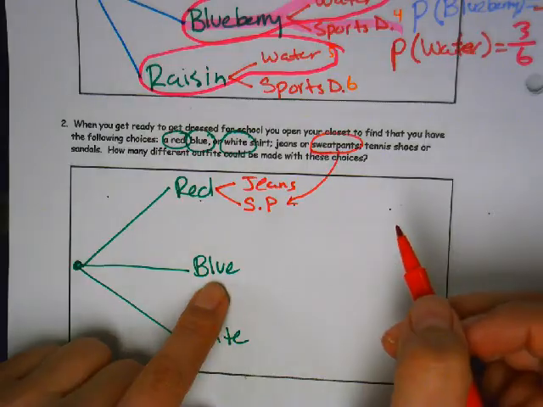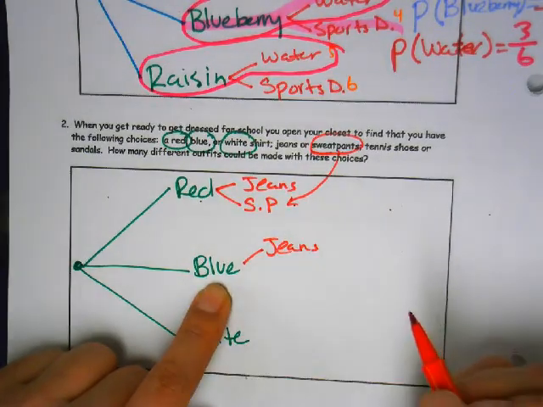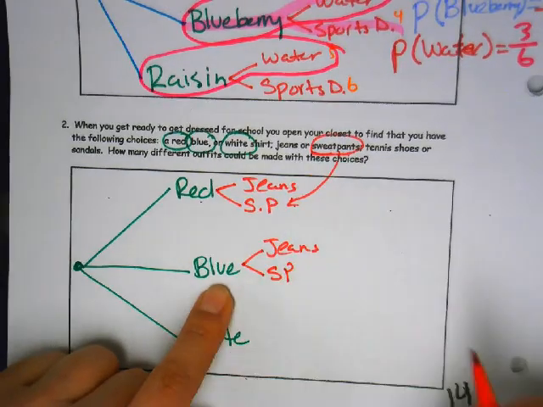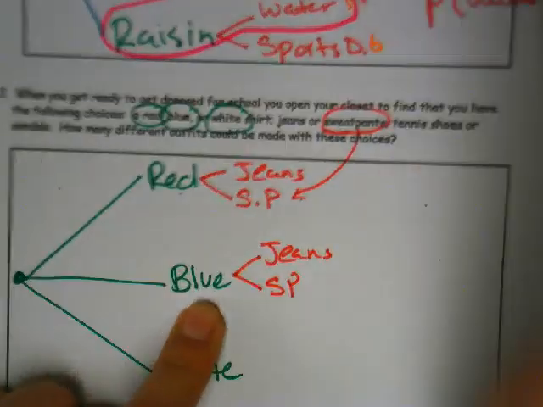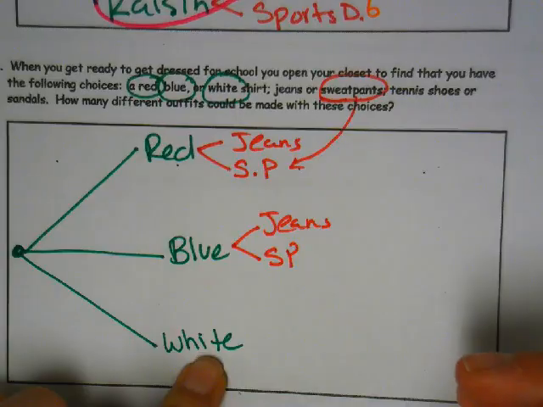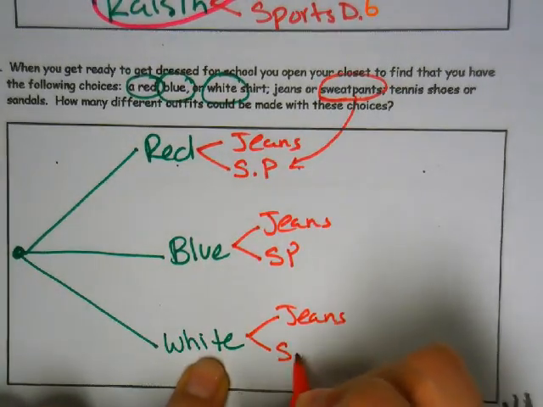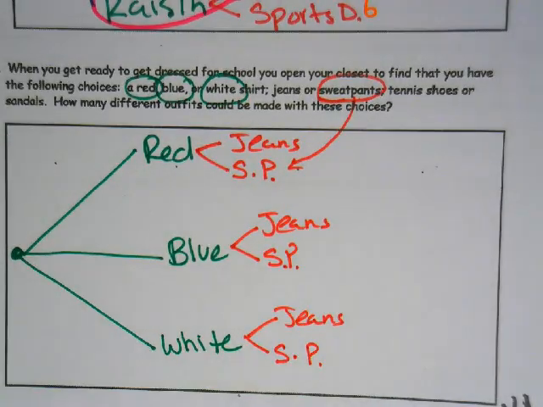Can I wear a blue shirt with jeans? Yes. I can wear a blue shirt with sweatpants. What about a white shirt? What can I wear with a white shirt? Okay. So far, so good?